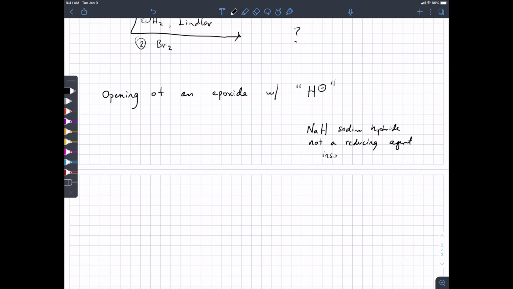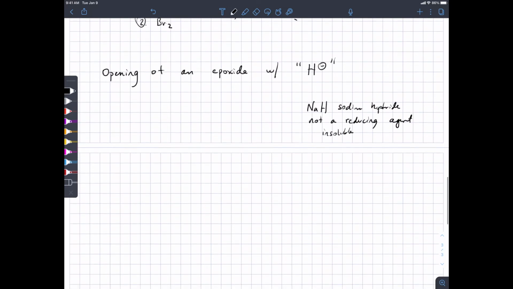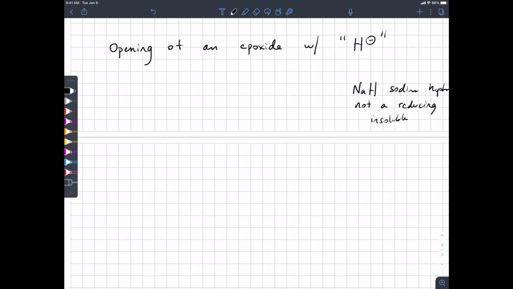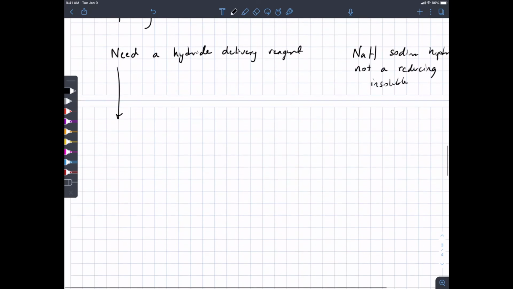Because it's insoluble. And so what we need is a reagent that is soluble in organic solvent and can deliver the hydride to the desired reactive place. We need a hydride delivery reagent. So I'm going to introduce one today.